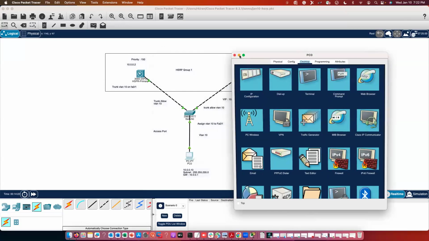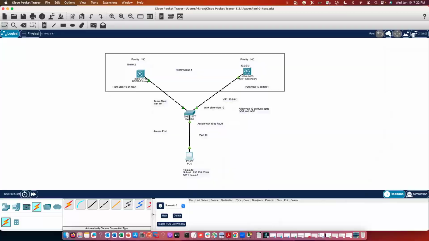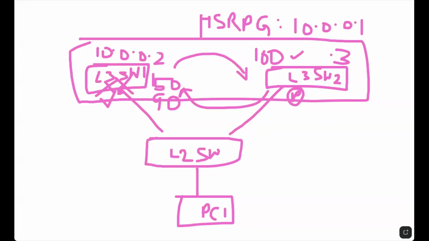Now, one second, let me stop share and then share the whiteboard. Okay, so now as per the priorities, the traffic should come to switch 1.